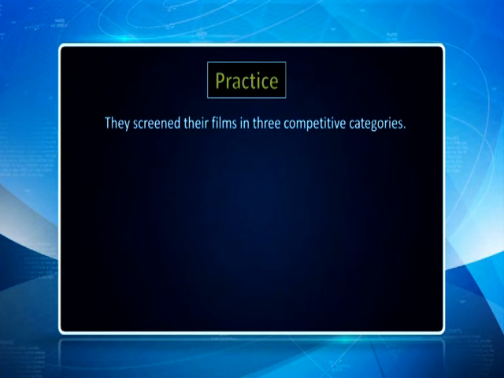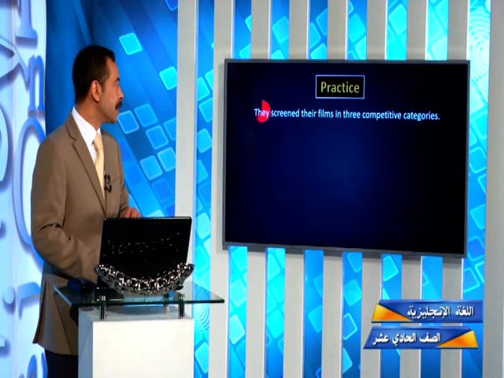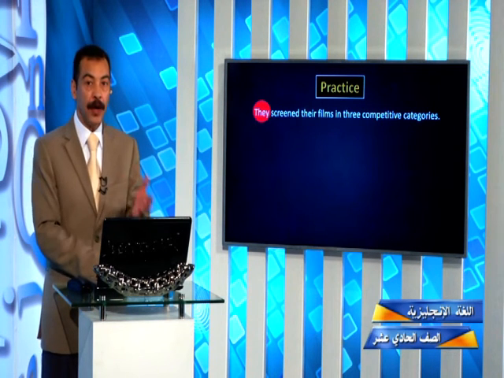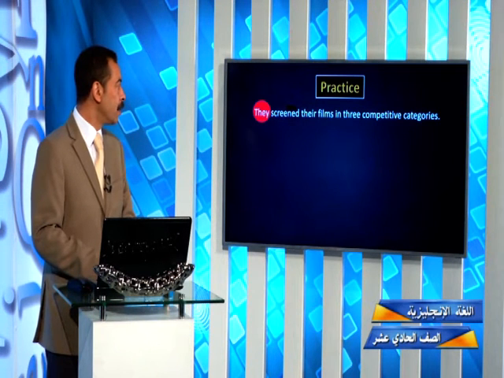Now it's your turn to change this sentence from active to passive. The sentence says, they screened their films in 3 competitive categories. Again, find the object, find the verb, and decide whether to mention the subject or not. The subject is they, which is unknown, so you are not going to mention it, but the verb is screened.